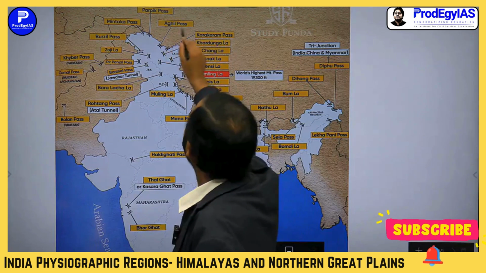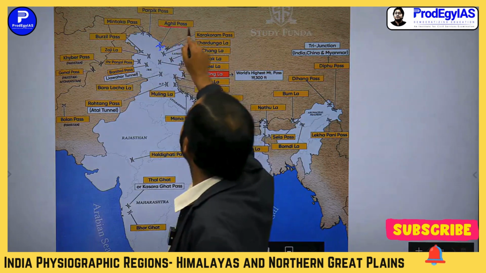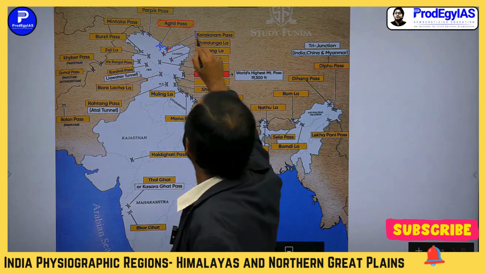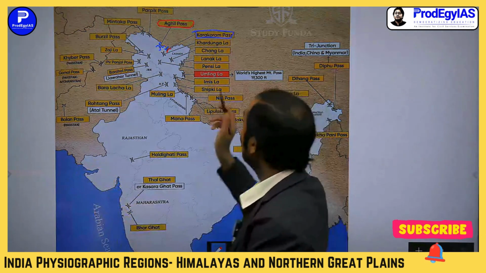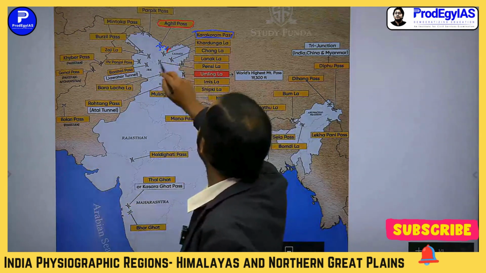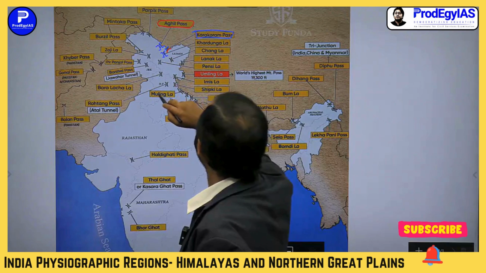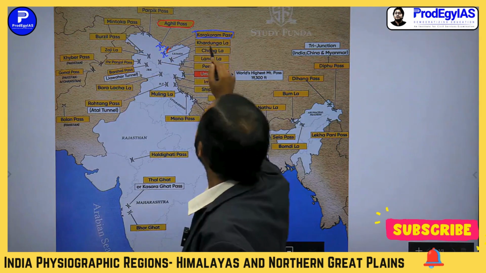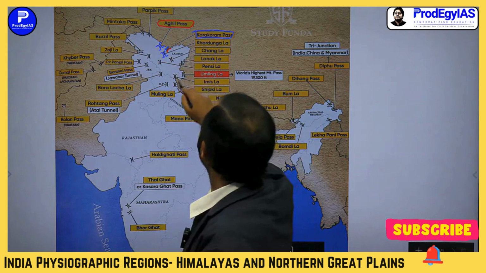Important passes, I am marking them. Aghil Pass, Karakoram Pass. They both lie in the Karakoram range, right? Then Khardung La.